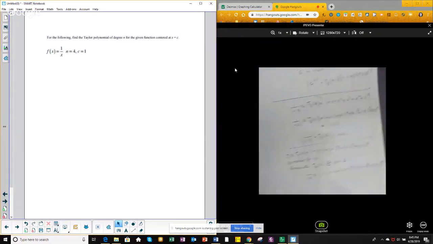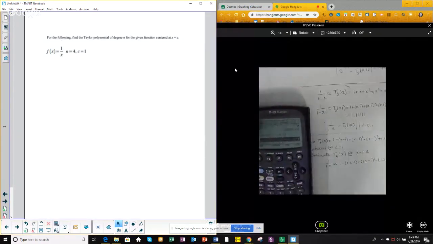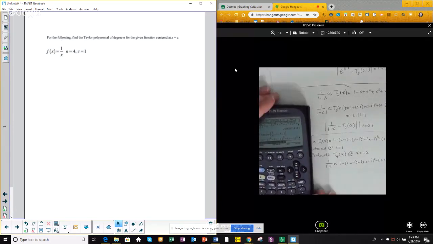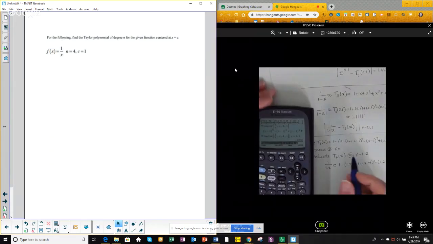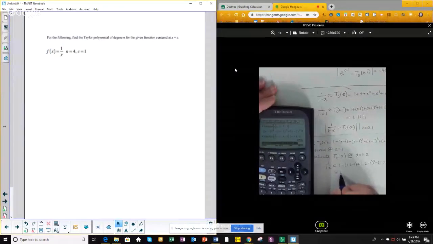And let's see what our calculator tells us. Okay, so I'm going to take this Taylor polynomial and evaluate it at x equals 1.2 because that's close to our center. And we get approximately 0.8336.